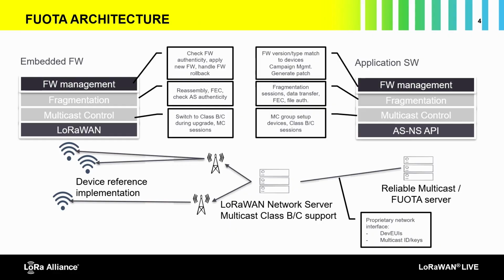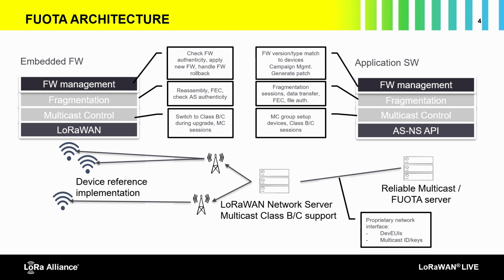If we look at the architecture, there is the end device on one side, and there is the reliable multicast and the FUOTA server on the other side. Transport is LoRaWAN, and in between is the network server.